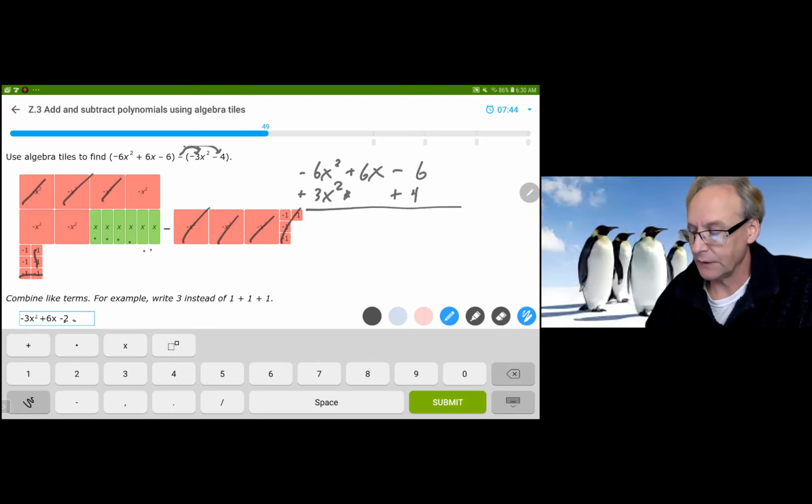Well, look what happens. We have negative 3x squared, which is kind of what we expected here, plus the 6x that we started with, minus 2. And there it is. Let me erase it so you can see it. Same deal, either way. Distributing the negative or literally taking away negatives still works, doesn't it? It's kind of a proof of the distribution of negatives over negatives.